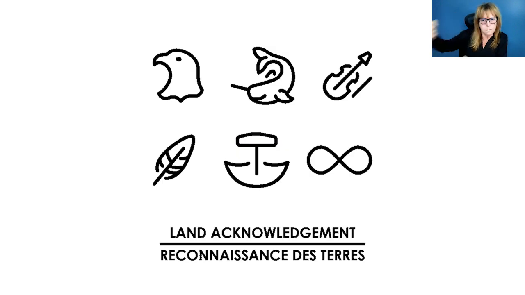I'd like to begin by acknowledging that I am on the ancestral and unceded territory of the Mi'kmaq people. This territory is covered by the treaties of peace and friendship, which the Mi'kmaq, Wolastoqiyik Maliseet, and Passamaquoddy people first signed with the British Crown in 1726.